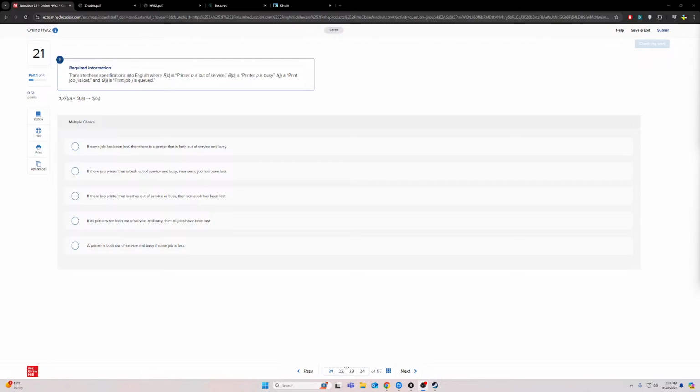Translate the specifications into English, where F of p is printer p is out of service, B of p is printer p is busy, L of j is printer job j is lost, Q of j is print job j is queued.